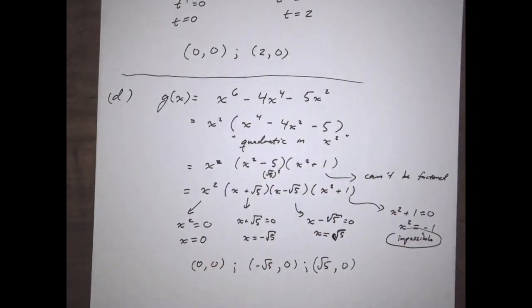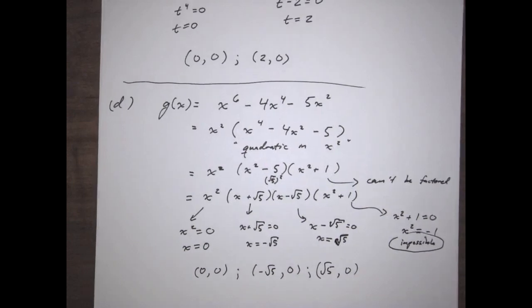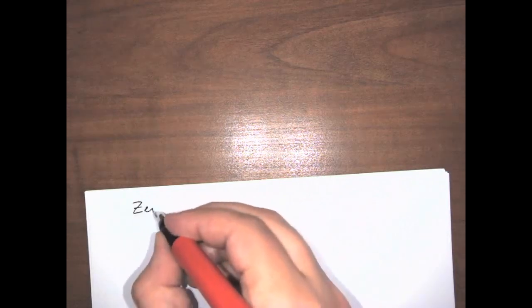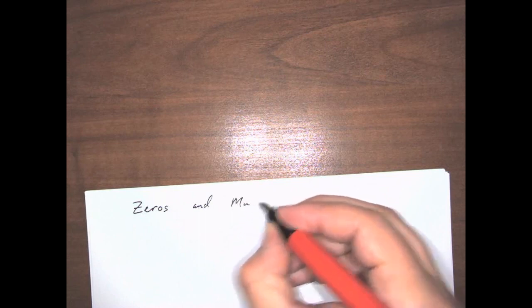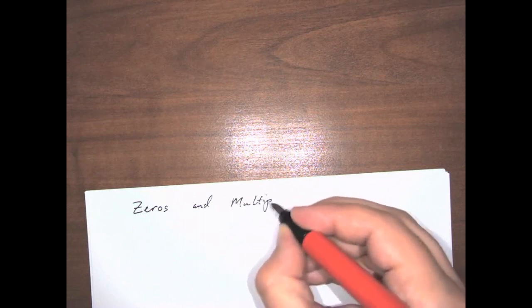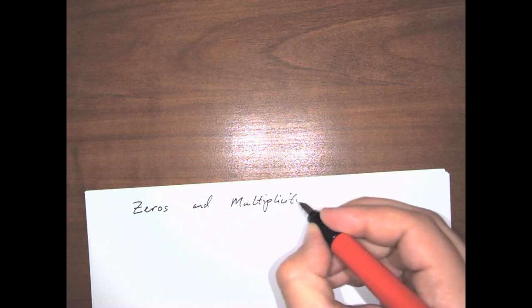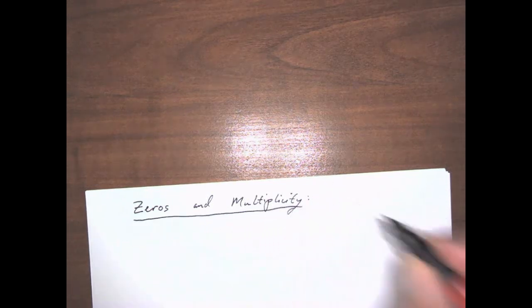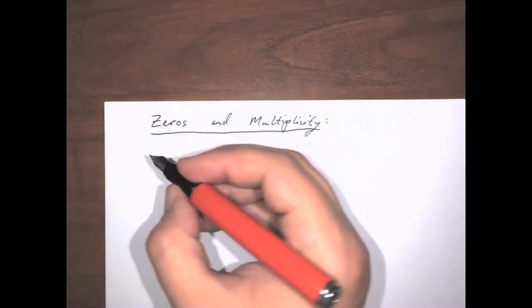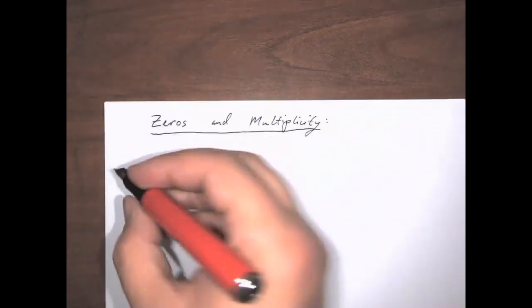So what that refers to is the multiplicity. So zeros and multiplicity has to do with some of the features of a polynomial.